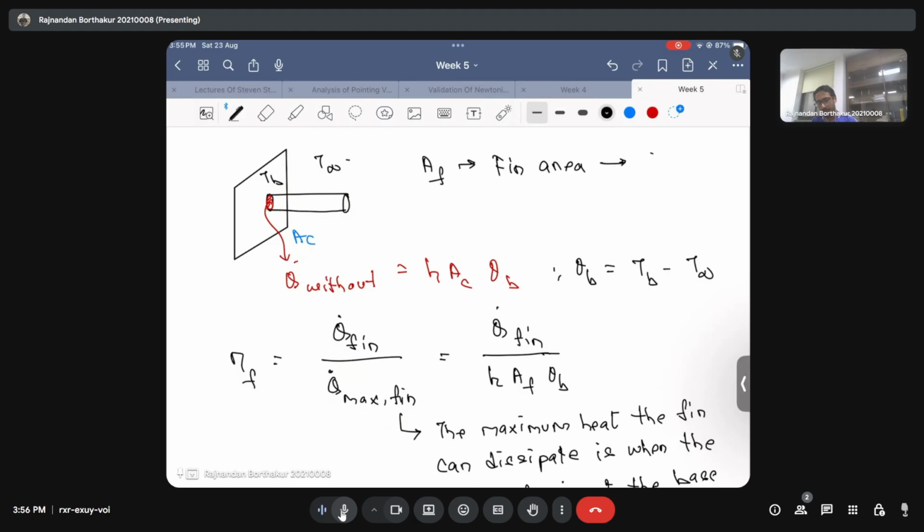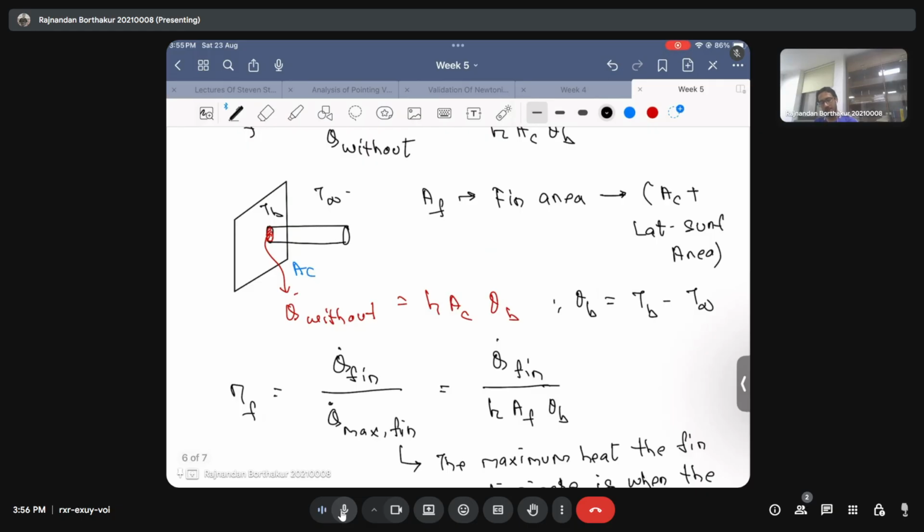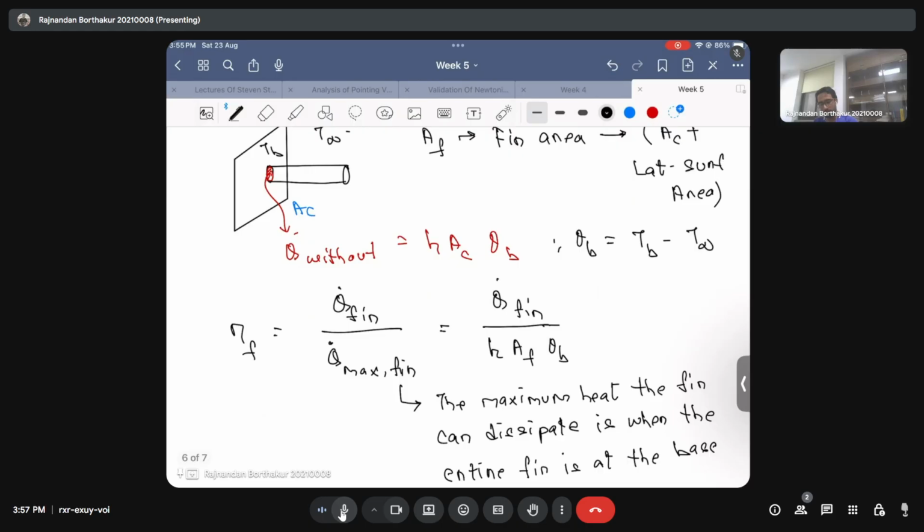This will take care of the cross-sectional area A_c plus the lateral surface area of the fin, of course. Actually, there are two cross sections, or you can just say the cross-sectional area plus the lateral surface area. So this is my second equation, which tells about the efficiency of the fin.